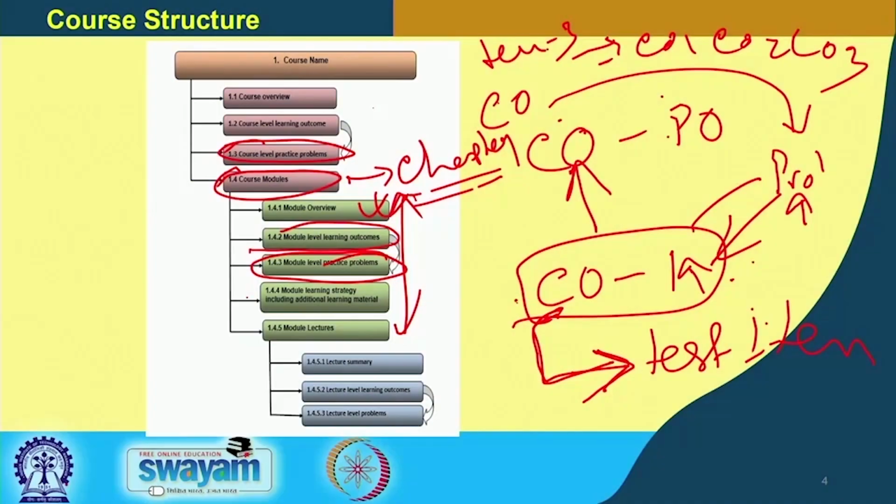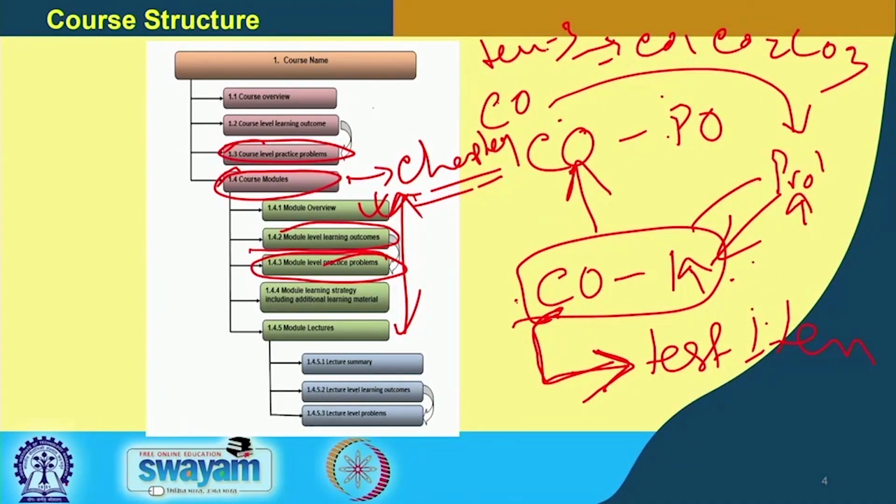And it has to be related. I will show you in the framework software how this is done, so you do not have to think about this kind of thing. When you put it in the software, the software automatically takes care of it. Okay? So, each outcome must be associated with a test item. At module level, module outcome and module problem; at course level, course outcome and course problem. Okay?